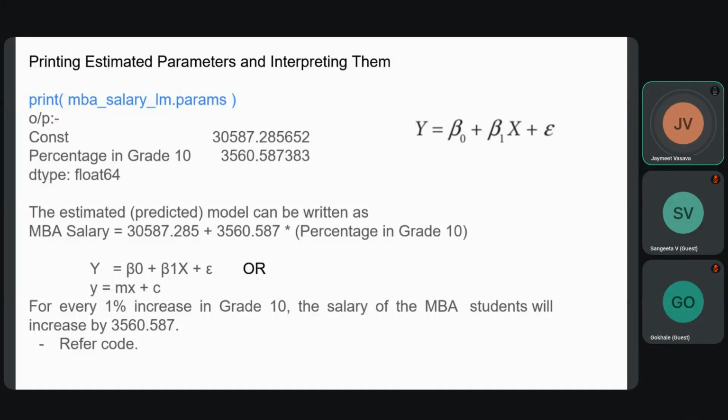So for every 1% increase in the grade 10, the salary of the MBA students will increase by 3560.587. This is the value of beta 1, and that is what the regression coefficients do.